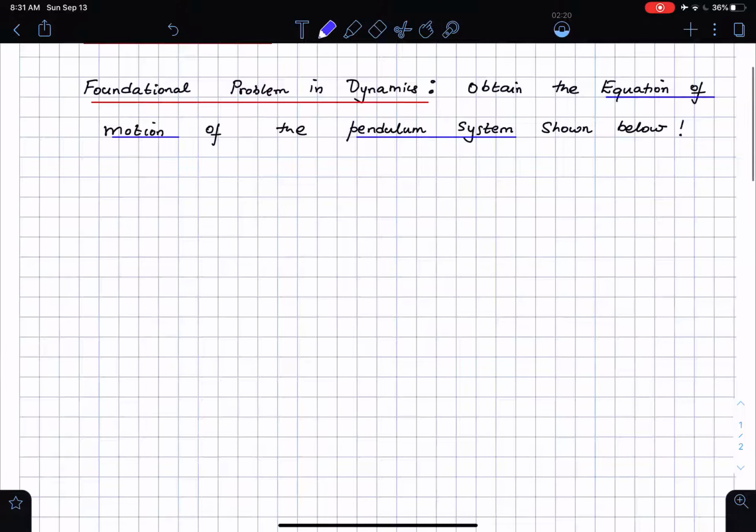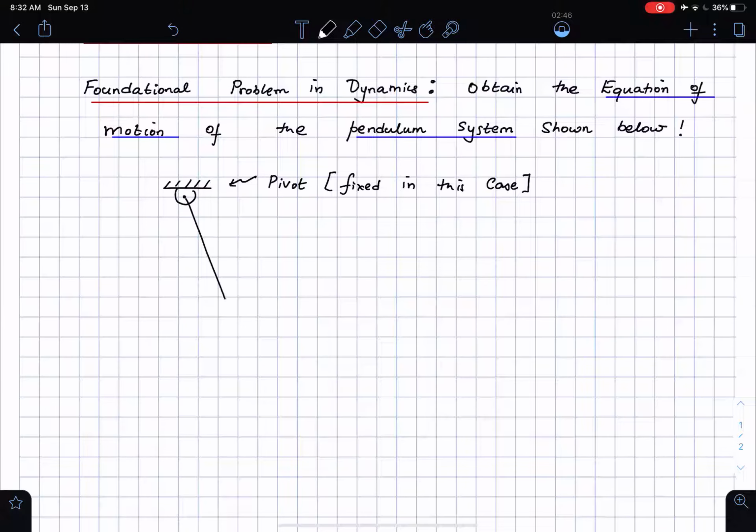Okay, so what's a simple pendulum? I'm pretty sure that is known to most of us. Here is an example of a simple pendulum with a fixed pivot. This is called the pivot of the pendulum. In this case, it's fixed. And a pendulum is nothing but something I take a string and attach it to this, and then at the end of this string I attach the bob of the pendulum. That's essentially a pendulum for me.